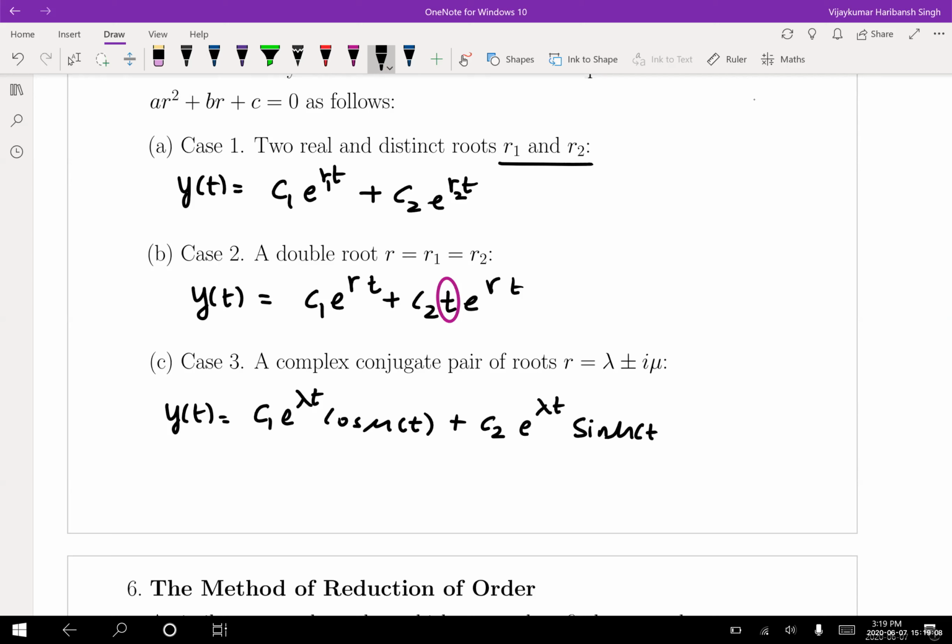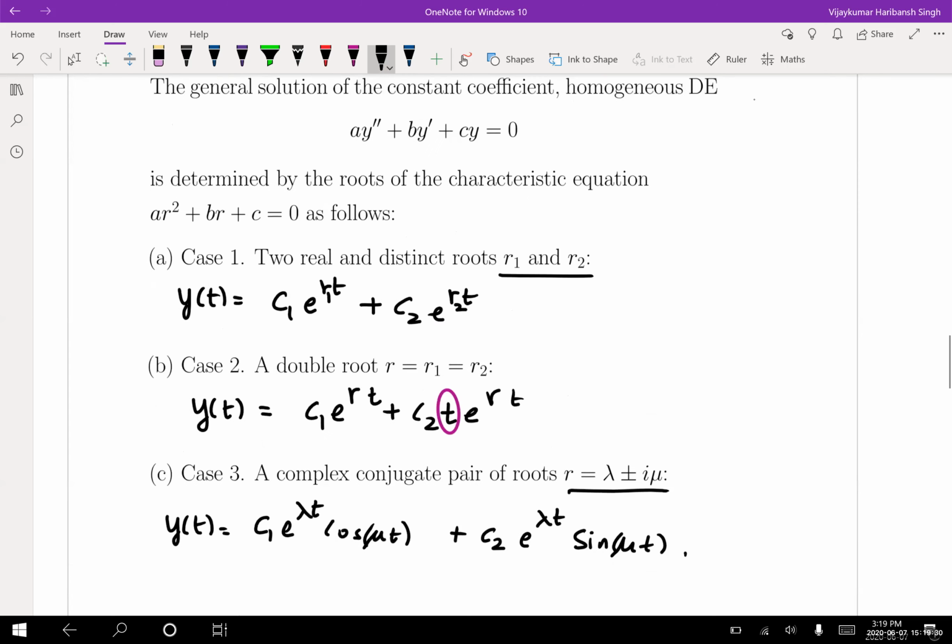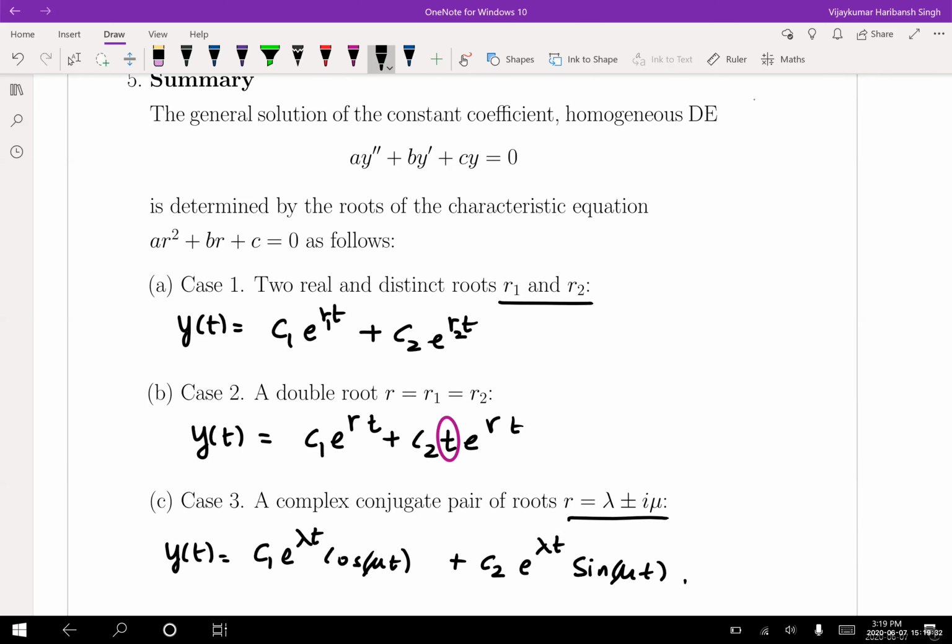Okay, so mu t is not a function; it is mu multiplied by t. You see, r equals lambda plus or minus i mu is the solution to the characteristic equation. So this is the setup. This takes care of the general solution of a second order homogeneous differential equation with constant coefficients.